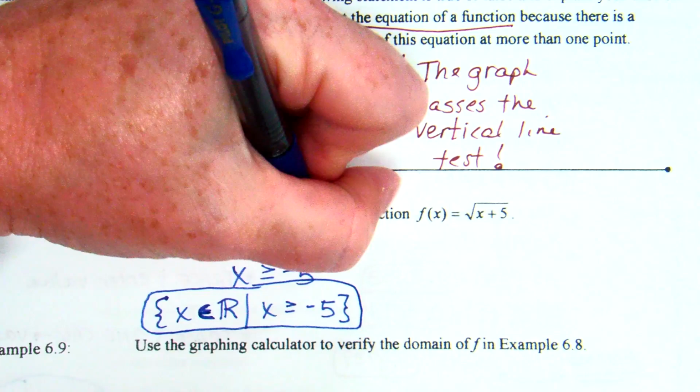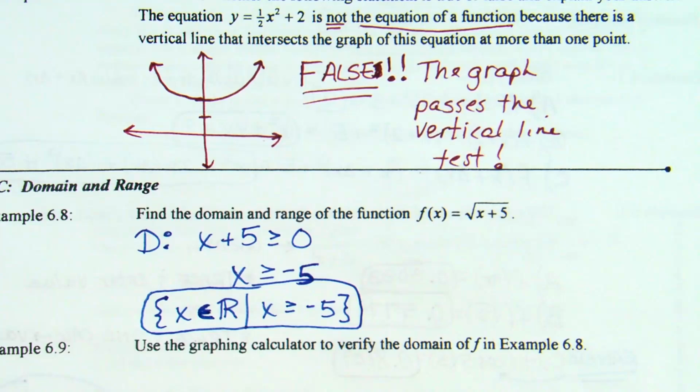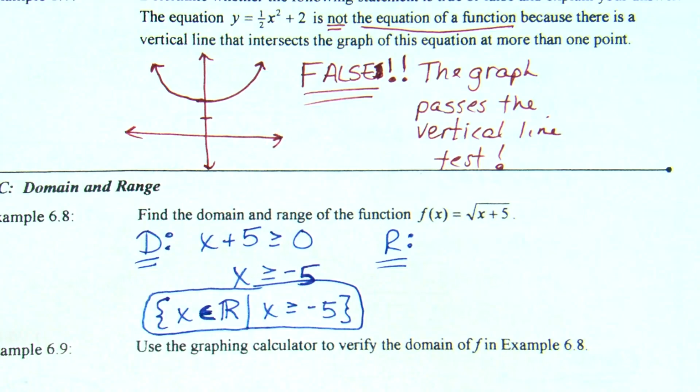Now, that was domain. Domain is your X values, your inputs, right? Range is your Y values, your outputs. What kind of outputs can I get here?